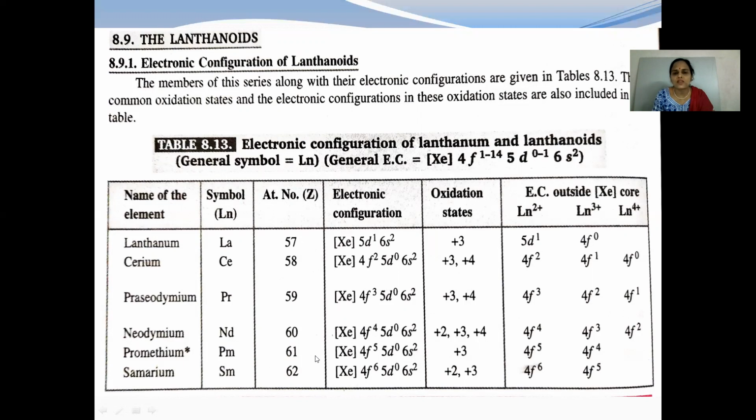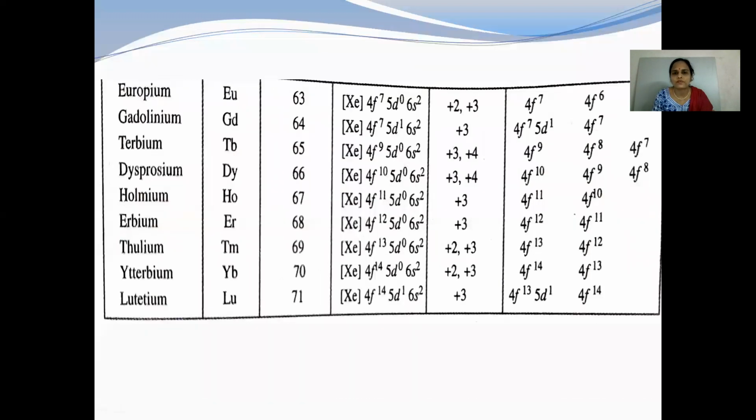Promethium, 61 is its atomic number, Xe 4f5 5d0 6s2. Samarium 62, Xe 4f6 5d0 6s2. Europium, 63 is its atomic number, Xe 4f7 5d0 6s2. Gadolinium, 64 is its atomic number, Xe 4f7 5d1 6s2.